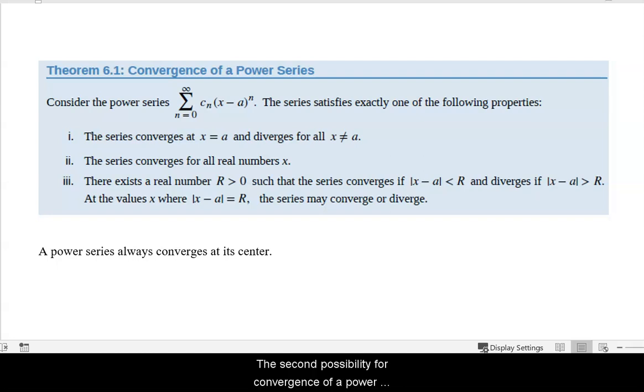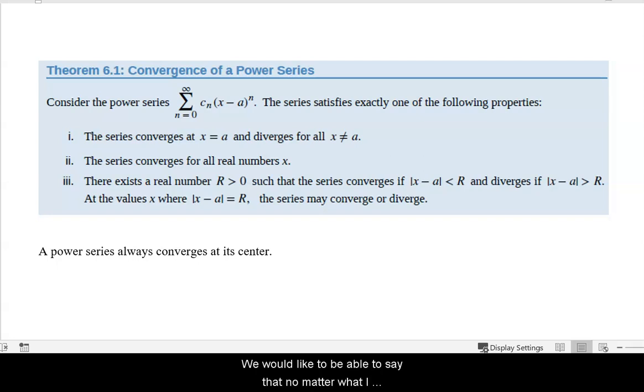The second possibility for convergence of a power series is that it converges for all real numbers. This is the best possible situation. This means it doesn't matter what value I choose for x, I know the power series will converge for all values of x. This is what we hope to find when we convert our transcendental functions like sine and cosine, the exponential and the natural log, into their power series form.